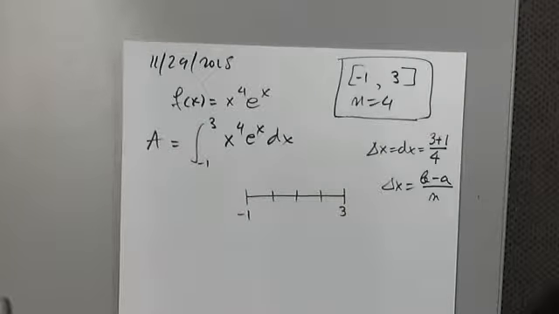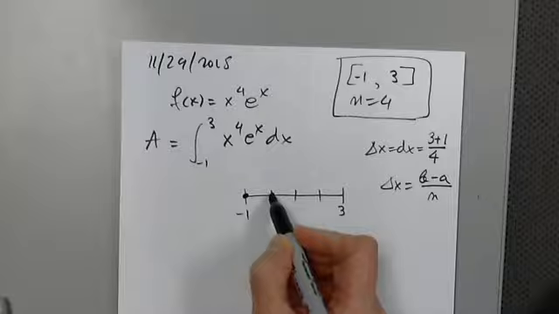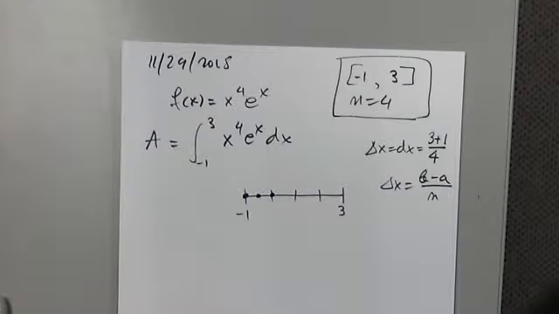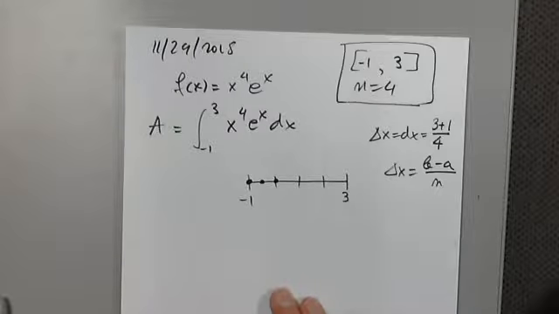So now what do we want to use? We have 3 options. We can use the leftmost point, the rightmost point, or the midpoint. The midpoint, very good. So we're going to use the midpoint.